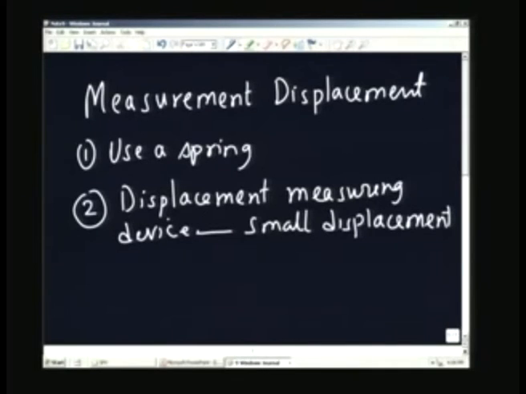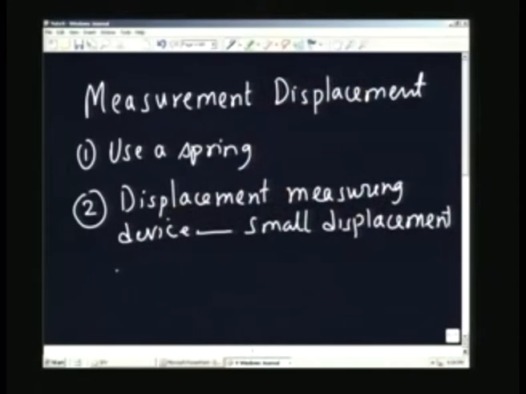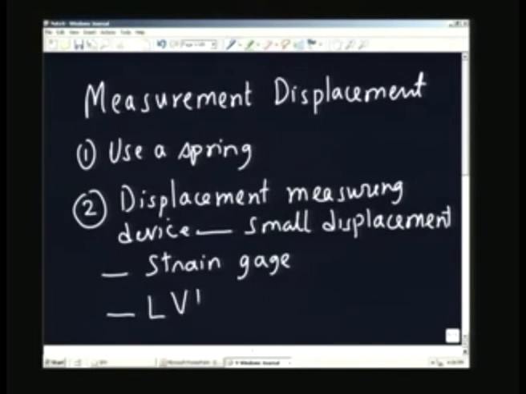Very small displacements cannot be measured by using a normal scale. Therefore, we have to devise some way of measuring this small displacement. So, what are the displacement measuring devices? One is we can use a strain gauge. We can also use what is called an LVDT.